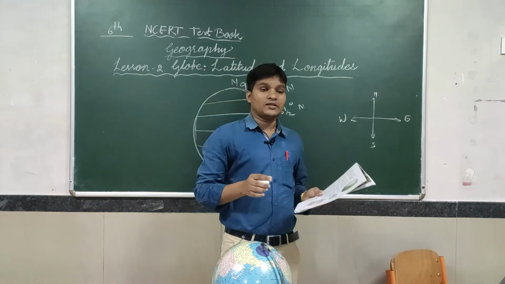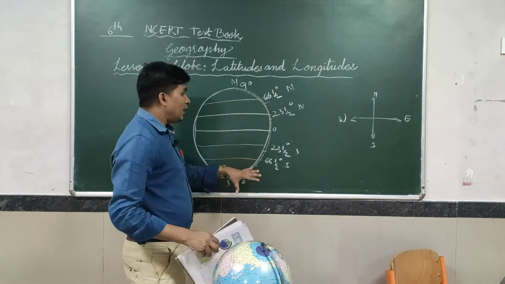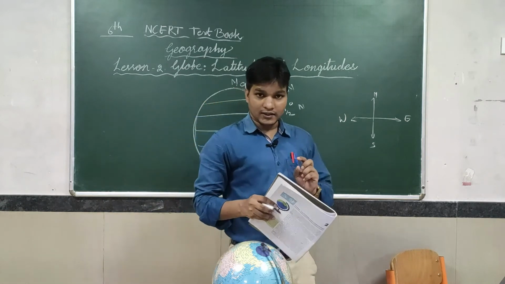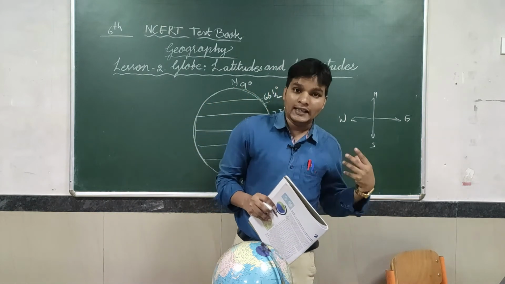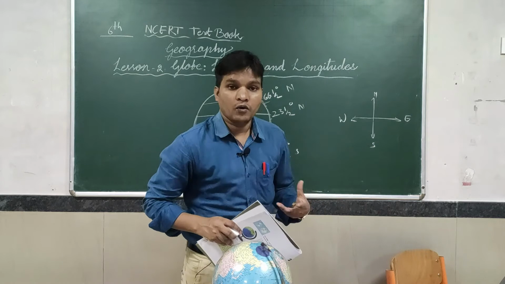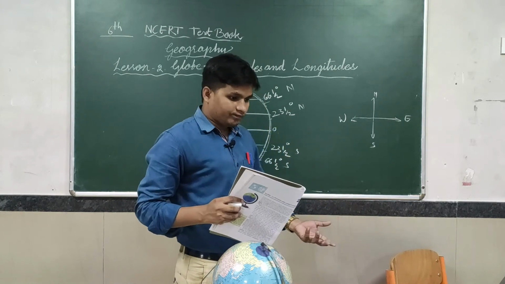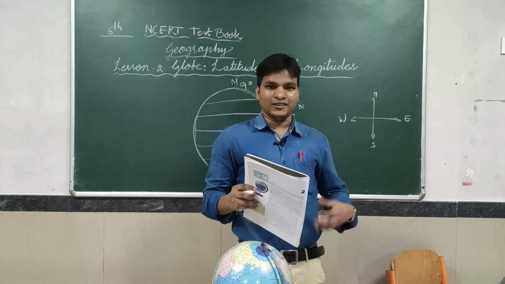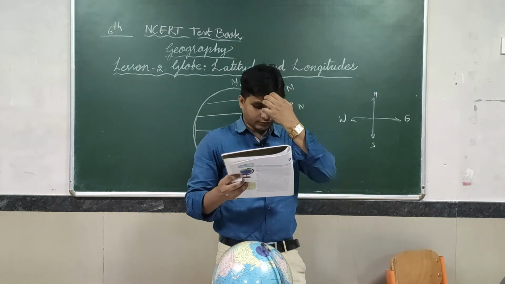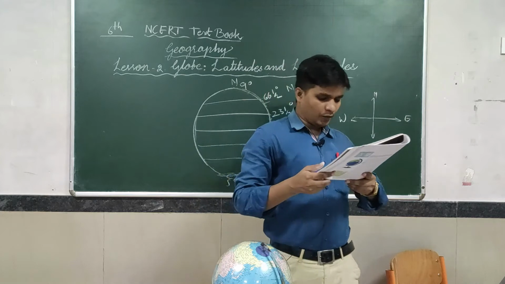So we have to keep this in mind. These latitudes are very important. In this way we can identify which is the temperate zone, which is the hot zone, or the different zones.